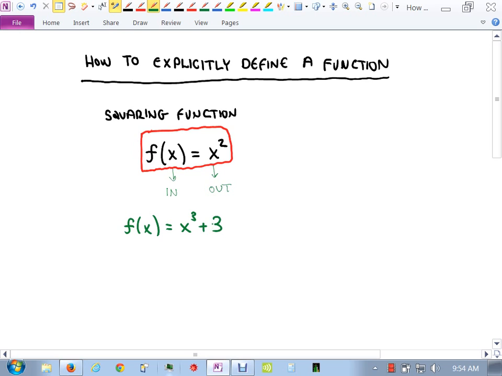That would do it. So this is just another example of a function. I'm not going to call it anything, but that explicitly defines a function. It tells you exactly what that function does, right? Takes whatever you hand it, cubes it, adds 3. How about a function that doubles what you put in, and then subtracts 10?